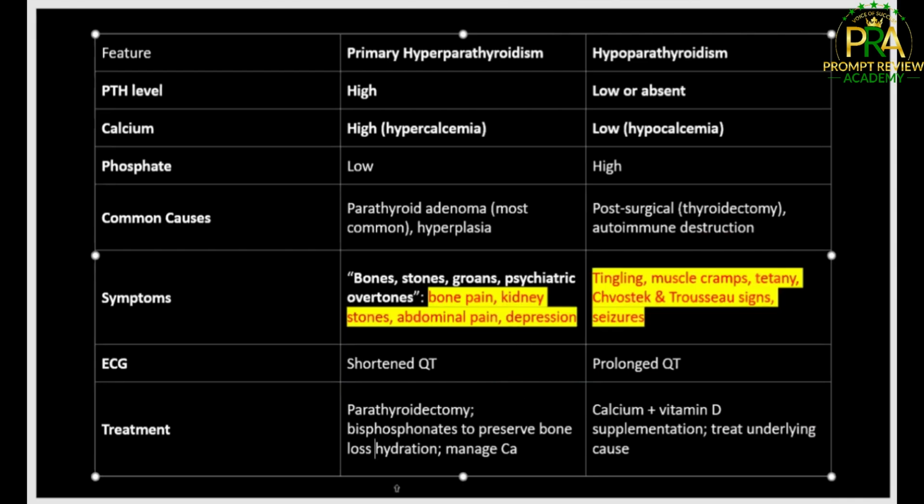Then hydration, because they have a lot of stones. Then the treatment for hypoparathyroidism is your calcium and vitamin D. Please take note of those things we have mentioned.